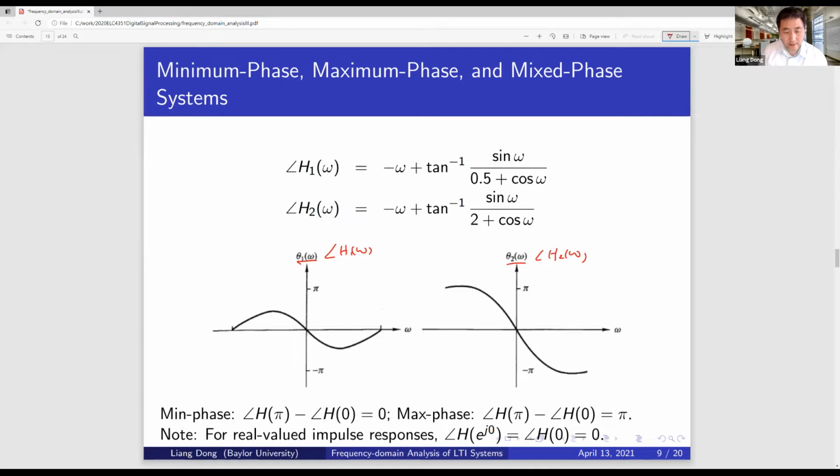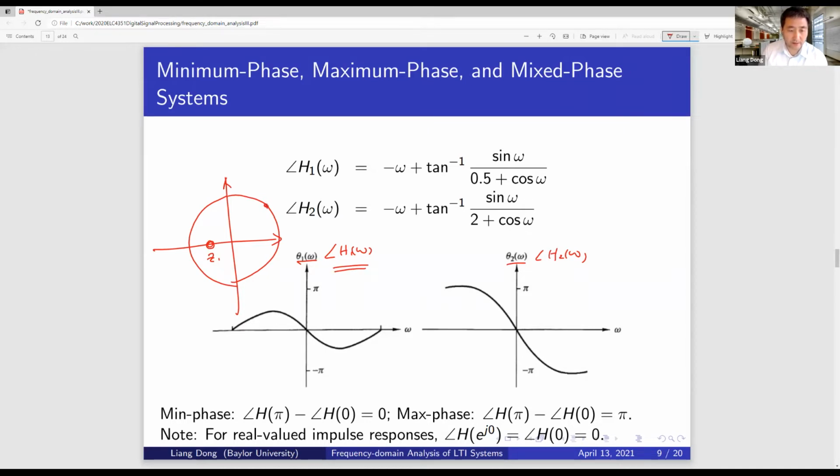Last time we discussed how they show up this way. We're using the example H1 that has a zero here at -1/2, which is z1, and we are trying to plot what the angle or the phase actually looks like.